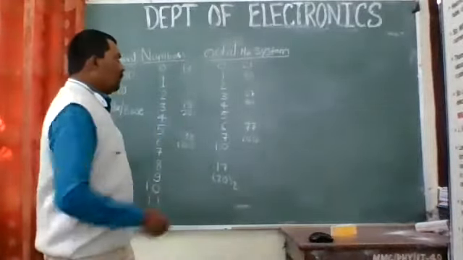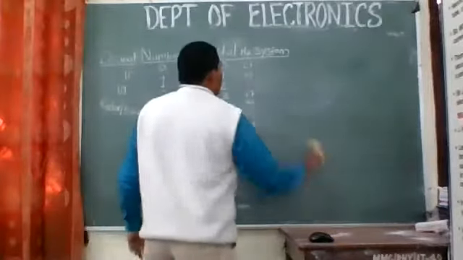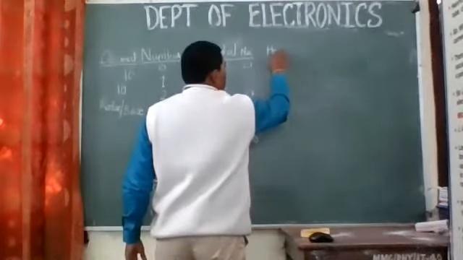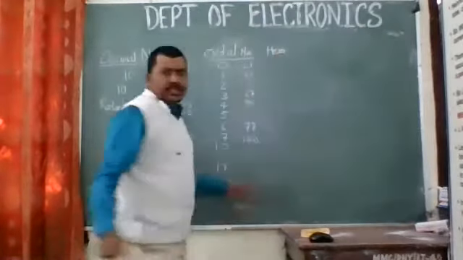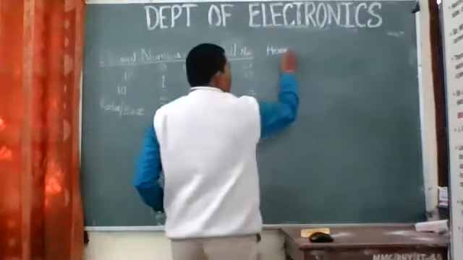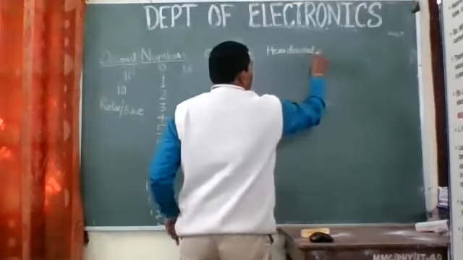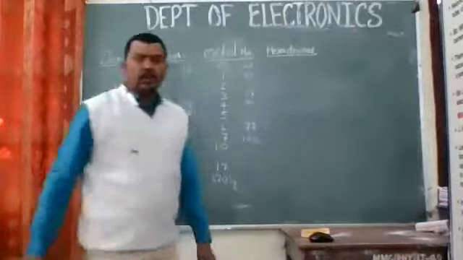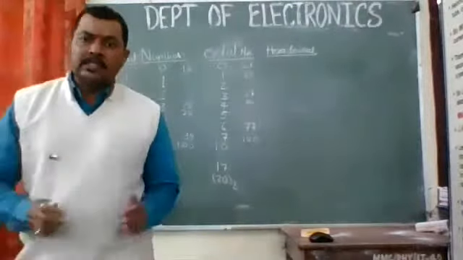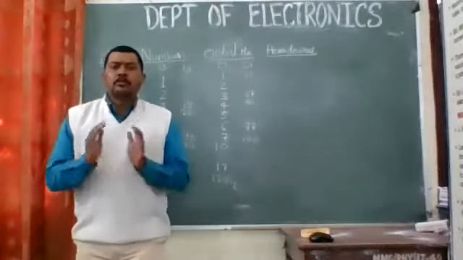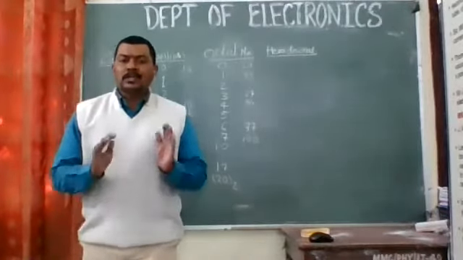The second one is called the hexadecimal number system, H-E-X-A, hexadecimal number system, right? What does the name suggest? Hexa means 6 and decimal means 10. So 6 plus 10, the total is 16.